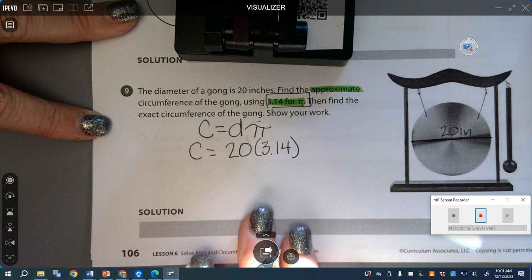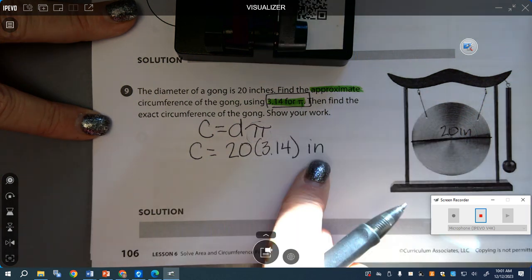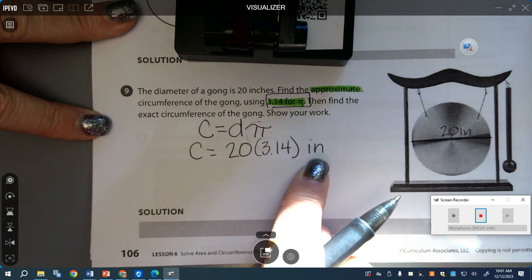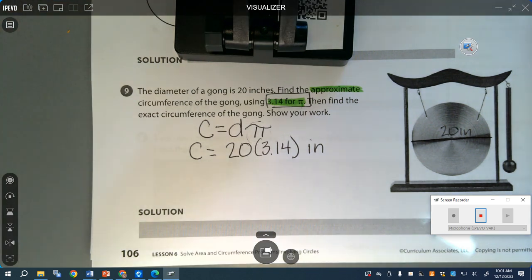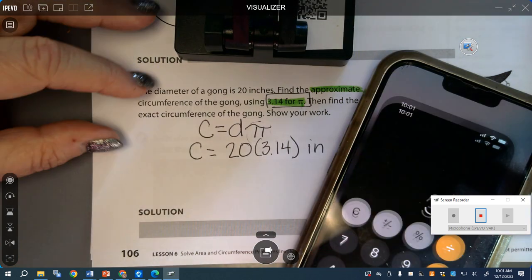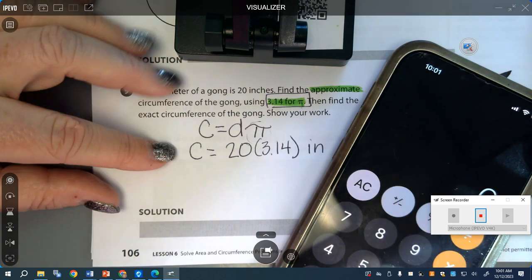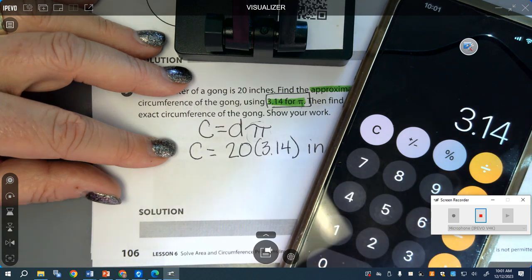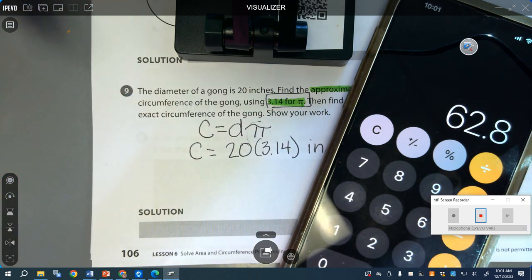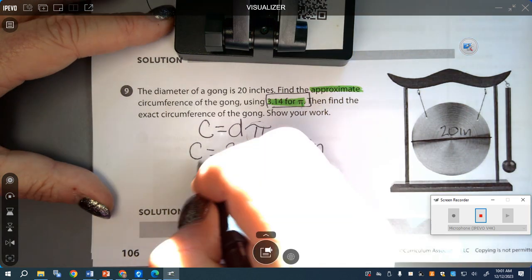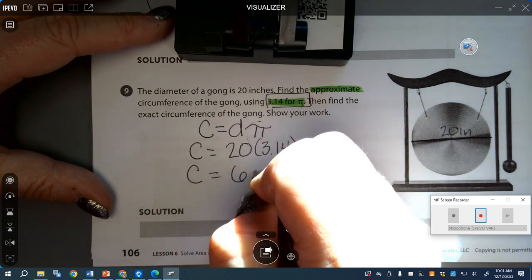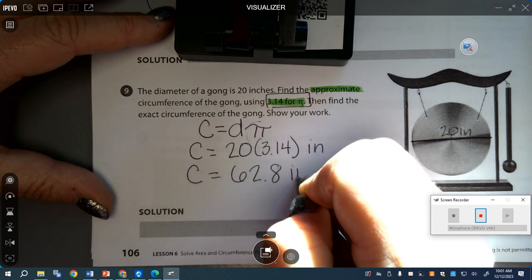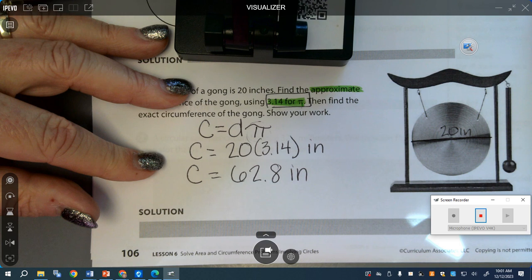And I'm going to label it with what it is, inches. So, to solve this, I'm just going to multiply 20 times 3.14, and there's my answer. So the circumference of this circle is 62.8 inches long.